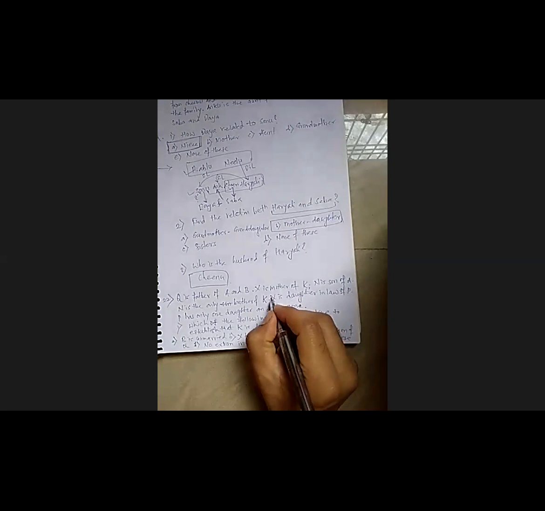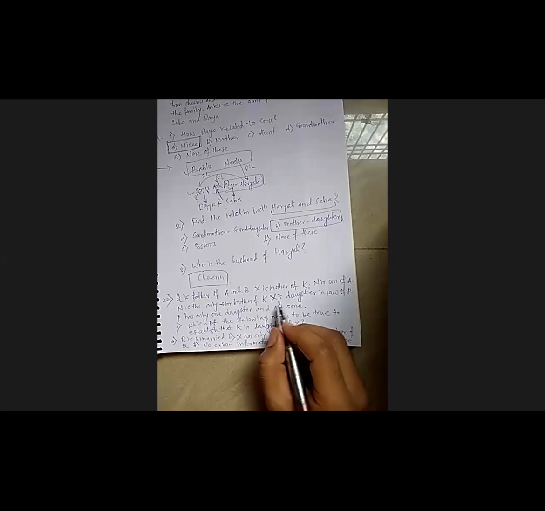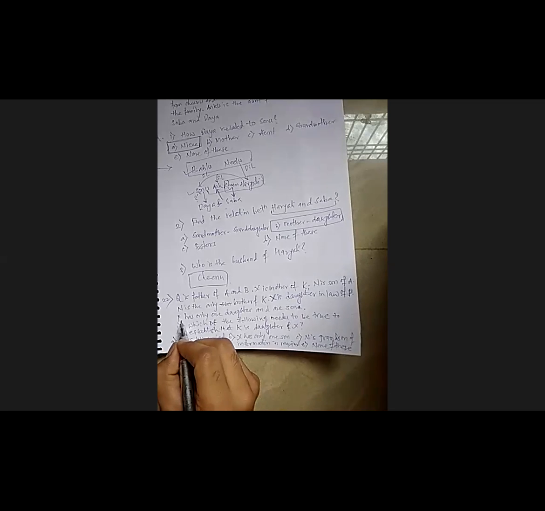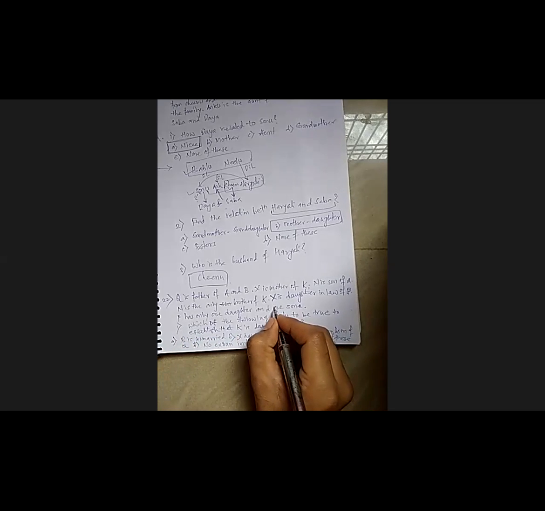Last sentence of the question is, sorry, X is daughter-in-law of P. P has only one daughter, right, and one son. Fine. I think only Karthik has got the answer. Let me check who else has answered.